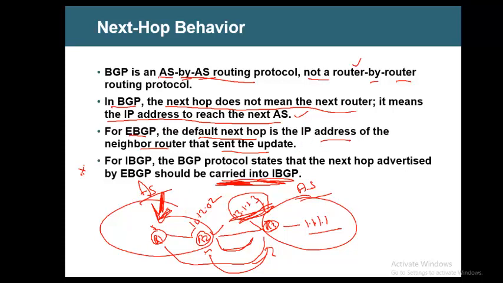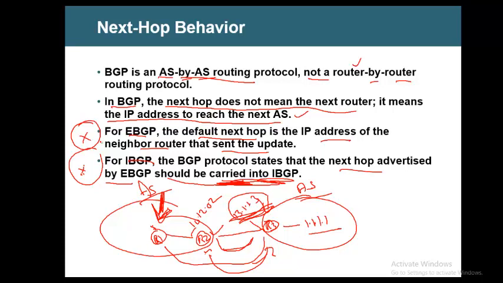Whereas for IBGP, the next hop advertised by eBGP is carried into IBGP. So you're clear with these 2 points. These 2 points are very important. Should I repeat, or you're okay with these 2 points? No, I think I understand.